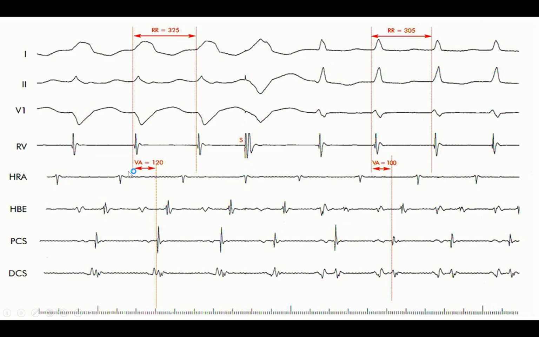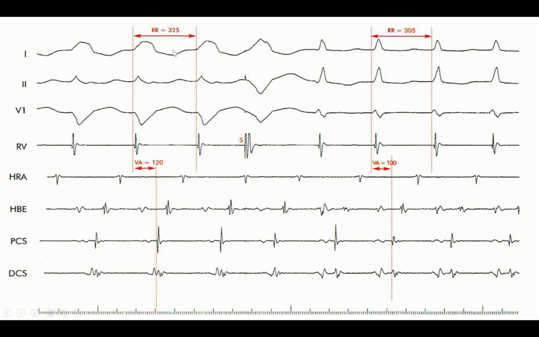What happened? VA time increased to 120 milliseconds and cycle length increased to 325. What does it mean? According to Coumel's law, it confirms 100% that the patient developed typical left bundle branch block, and that he has an ipsilateral left lateral accessory pathway, confirmed with the increase in VA time from 100 to 120 and the increase in cycle length from 305 to 325.